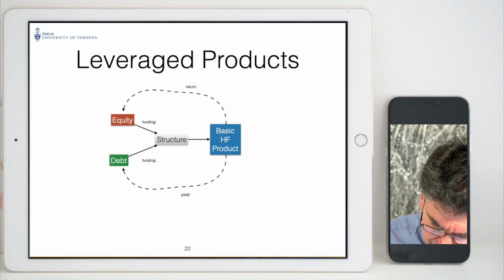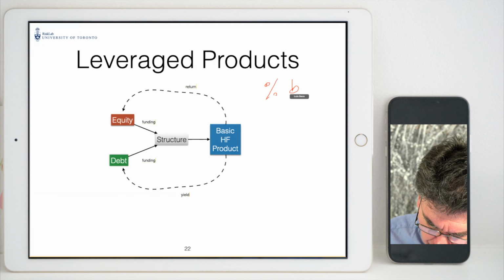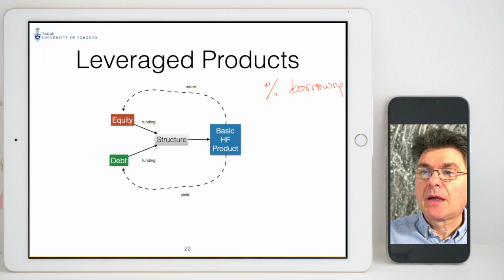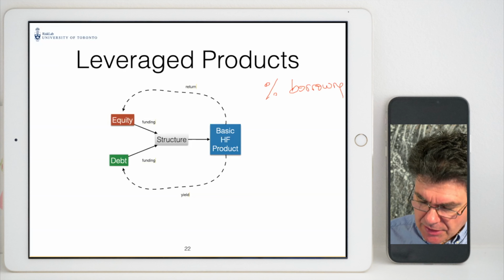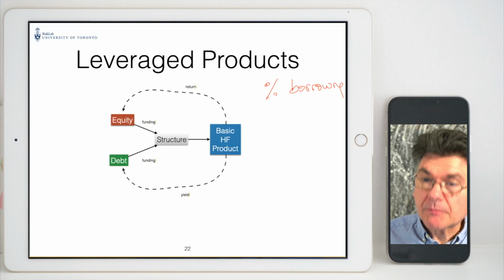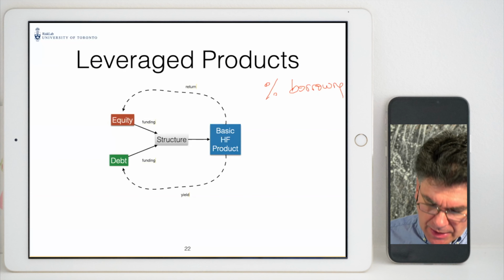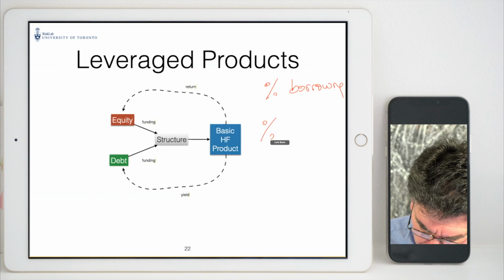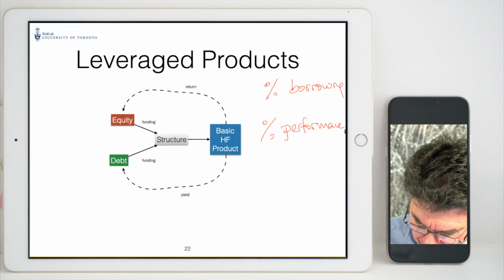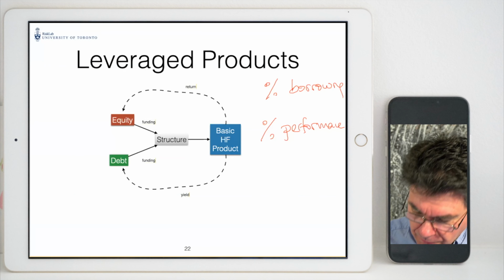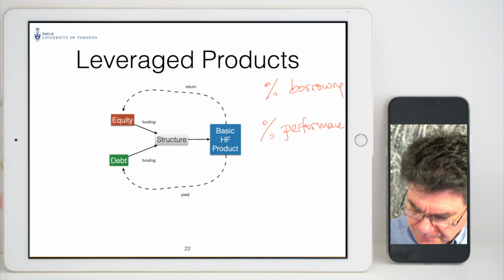What is the percentage of borrowing? To make things easy, let's say it's 0%. Okay. And what's the percentage performance? To make it easy, like in the snow fund, we say it's 10%.